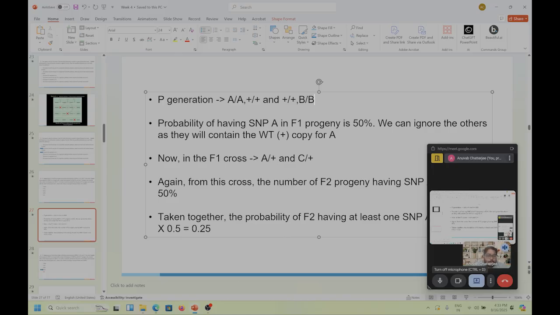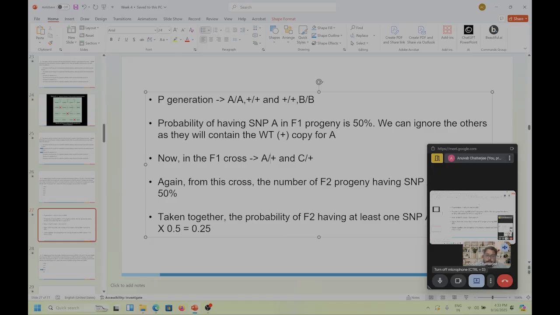Now this is what we start with, and now we set up an F1 cross, which will be SNP A and wild type for the second copy, and SNP C and wild type for the allele where SNP A lies.